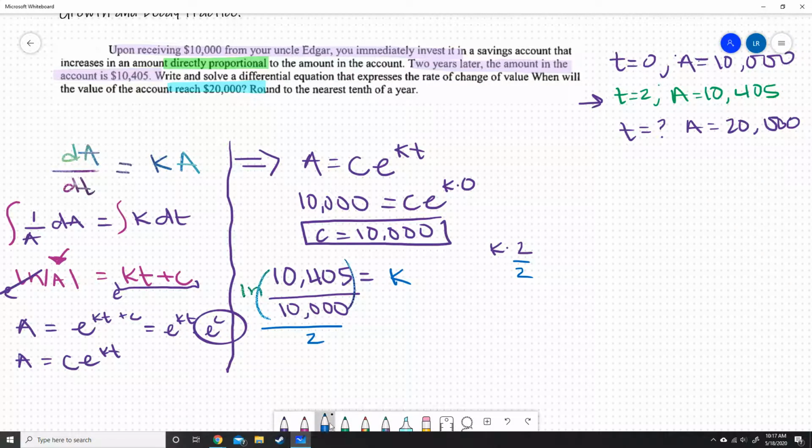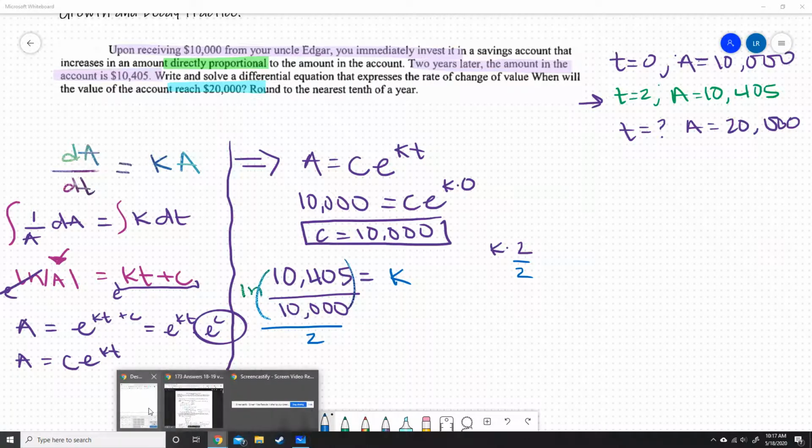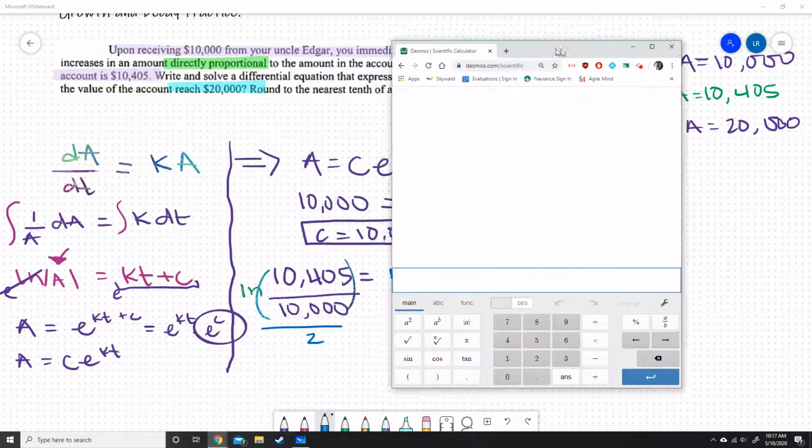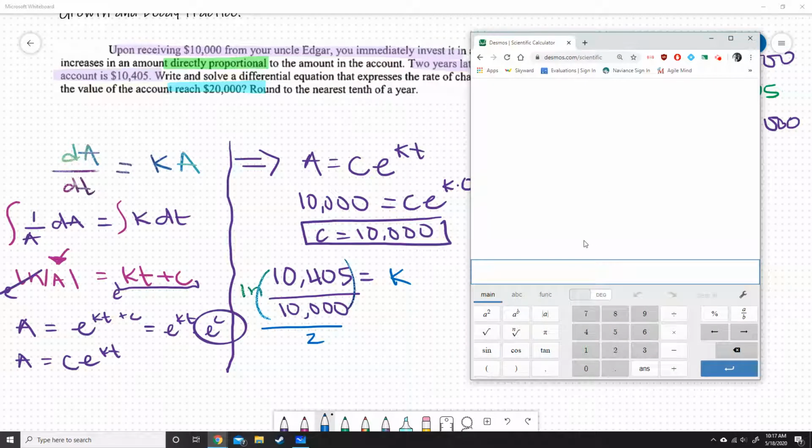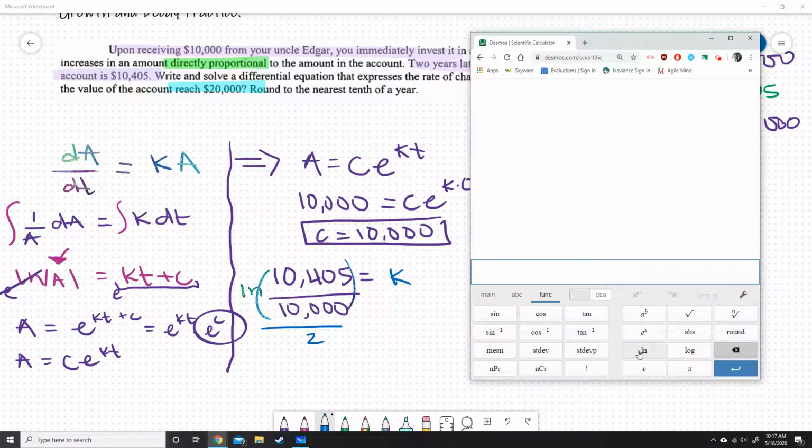Well, let's go ahead and plug that into our calculator. I'm trying a little different calculator here. So we want the natural log of 10,405 divided by 10,000. And then we want to divide all of that by 2.